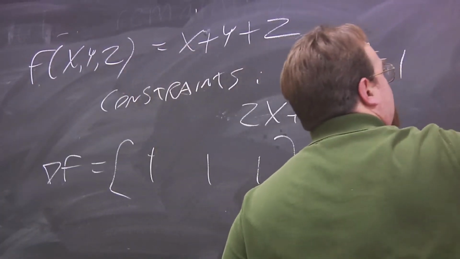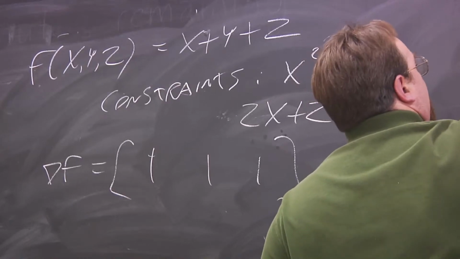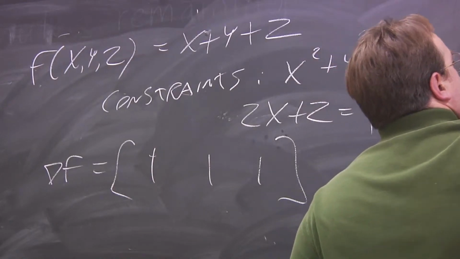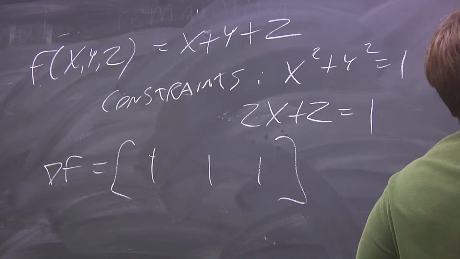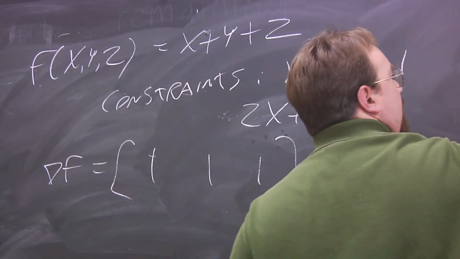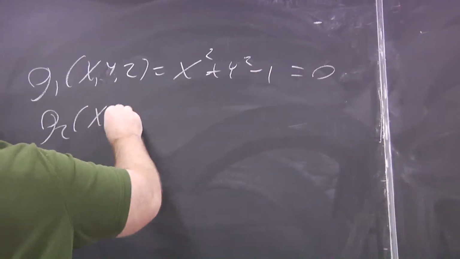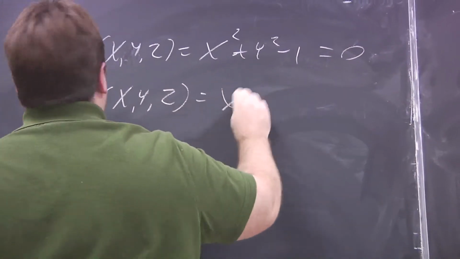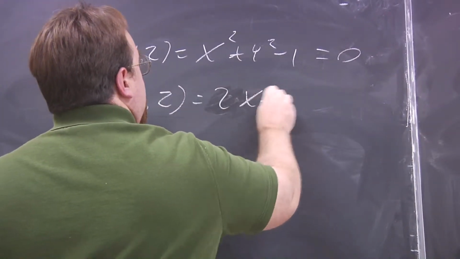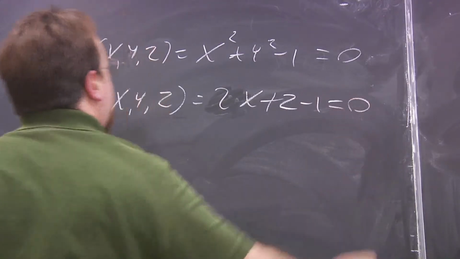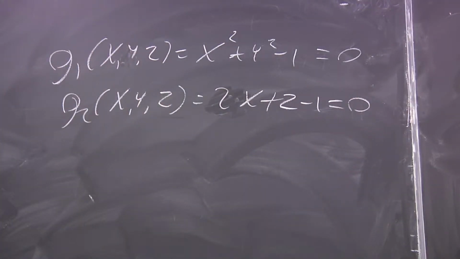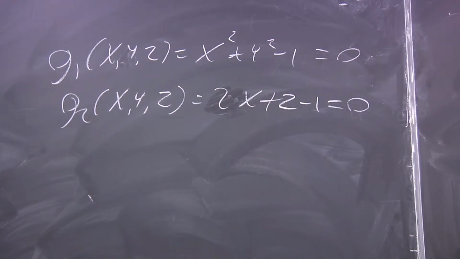So g1 of x, y, z is x squared plus y squared minus 1, and that is equal to 0. That's one constraint. The other constraint is 2x plus z minus 1 is equal to 0. I remember when I was writing this problem, I was trying certain constraints that weren't working out and putting something different.